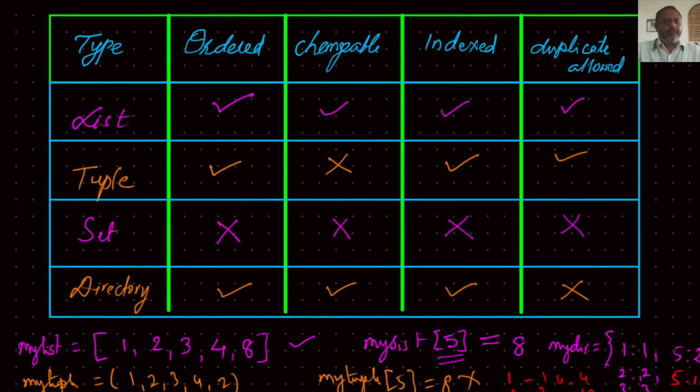On the other side, on the time domain, accessing a list is a very costly affair, so it takes more time to access, and a tuple takes very little time to access.